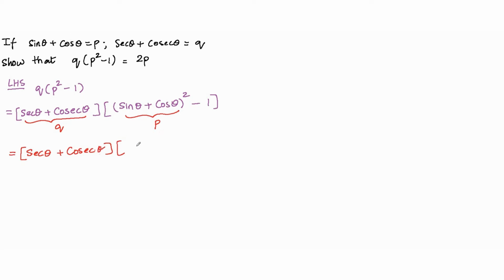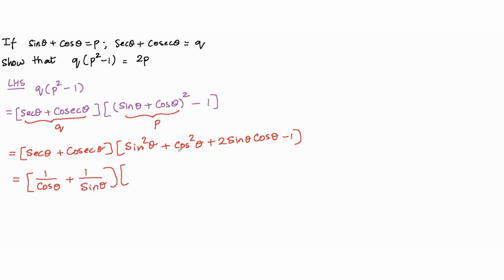So let me just write this again properly. Yeah, I have A plus B the whole square, which is A square plus B square, so plus cos square theta, plus 2 times A times B minus 1, right? So this therefore becomes sec theta is 1 by cos theta and cosec theta is 1 by sin theta times sin square plus cos square is 1 plus 2 sin theta cos theta minus 1.